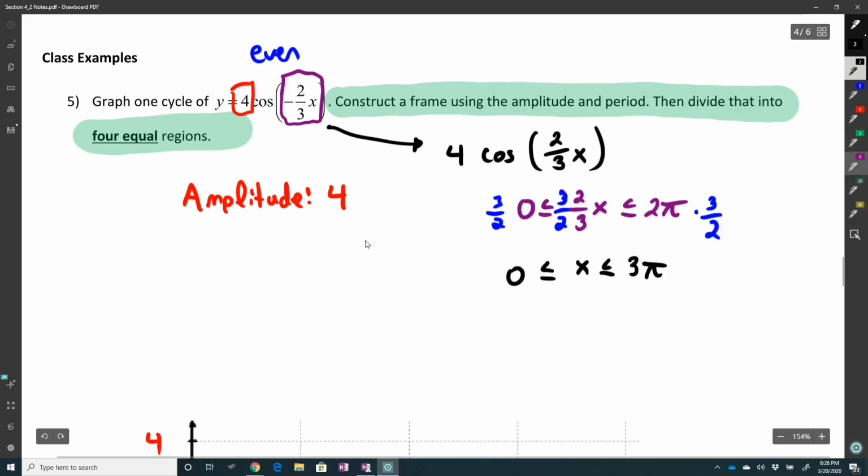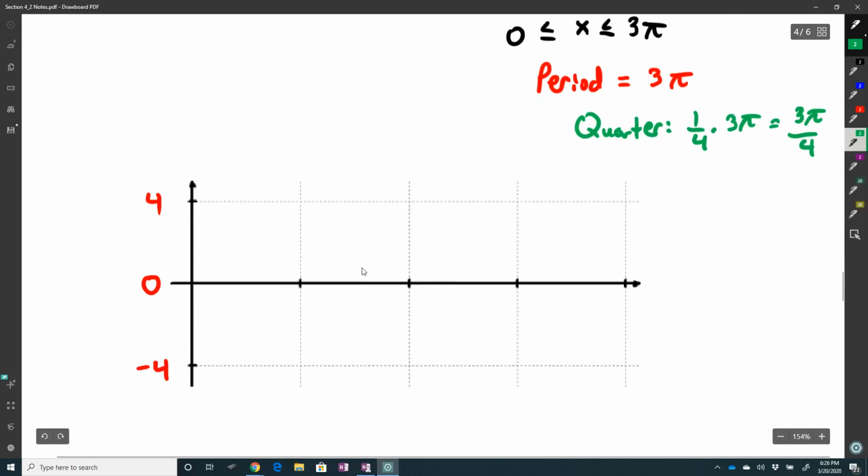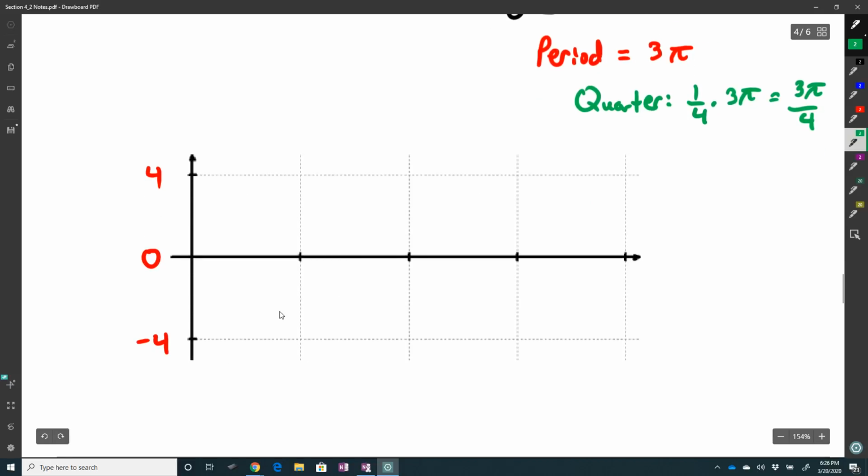And so here, my period is equal to 3 pi, which means that the length of each quarter is going to be 1/4 of that, which is 3 pi over 4. Okay? So if I go to my graph, I know that this is going to be 3 pi over 4.